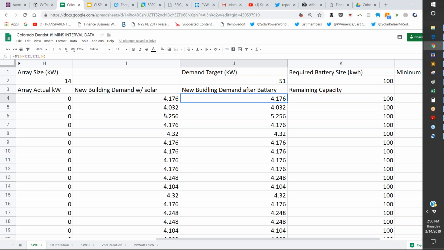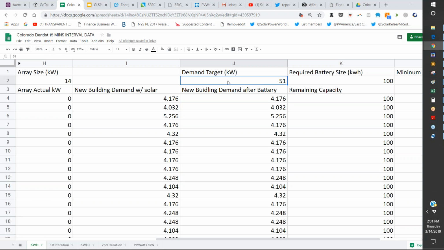And so I have a little formula in here that says, if this column is greater than this column, turn on the battery and make it this column.